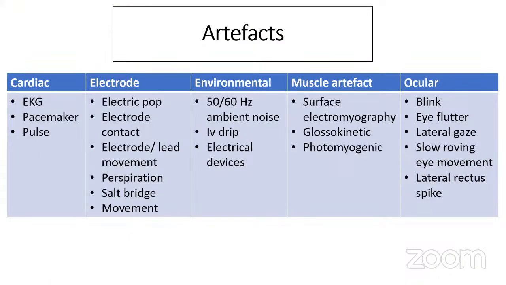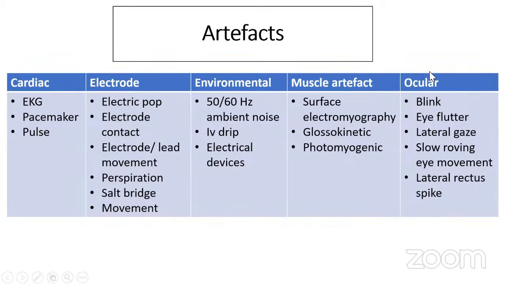So let's move on to the artifacts. As I already mentioned, everything which is external to the brain activity is what we call artifact. This artifact outside the brain can be related to the person or to the surrounding environment. By person, I mean artifacts which are cardiac, muscle artifacts, and ocular artifacts.